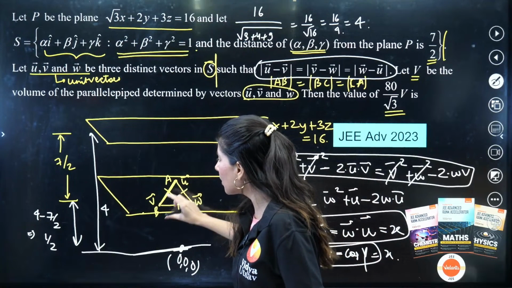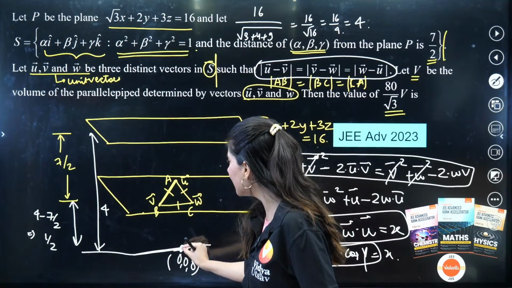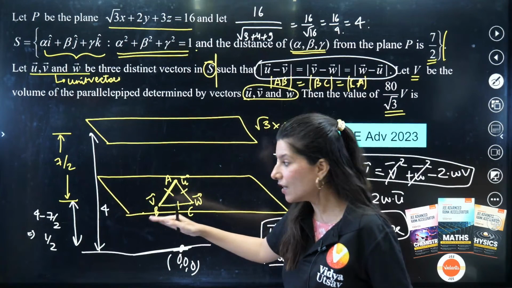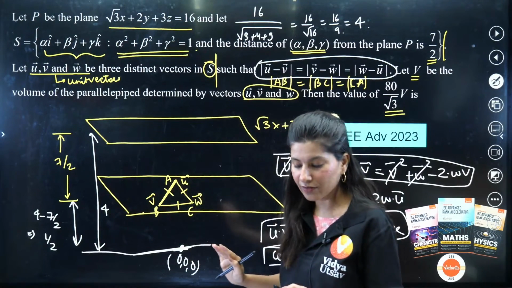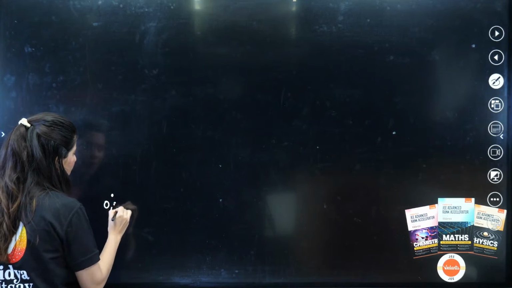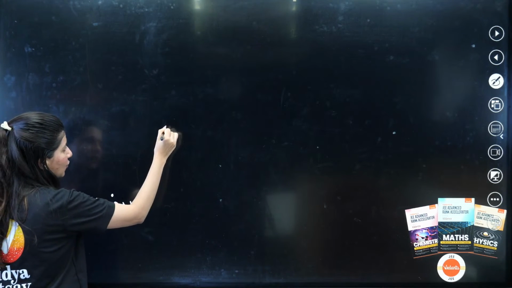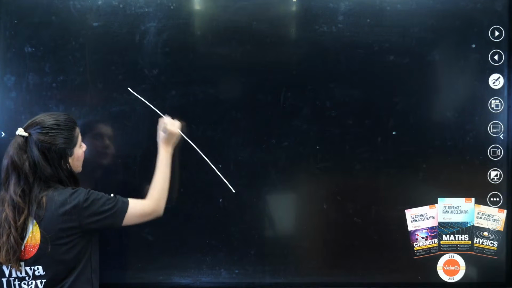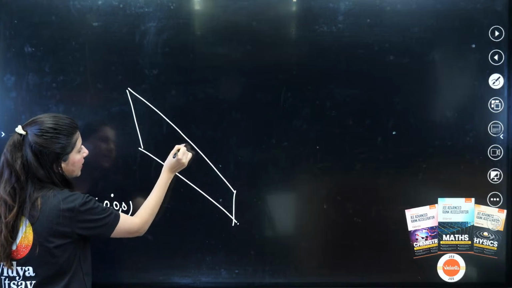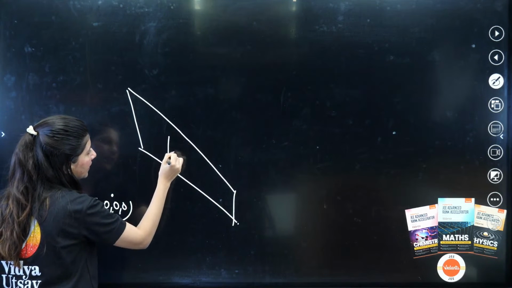Now we will only talk about this part: origin is here, and this is an equilateral triangle which lies in a plane whose distance from the origin is half. Let us make another diagram. You have an origin here, 0, 0, 0, and a plane over here, and in this plane an equilateral triangle ABC.